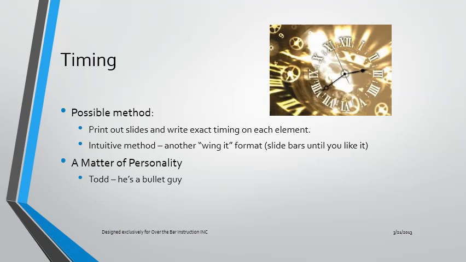Todd's the bullet guy, remember. He thinks in concepts and broad strokes. I, on the other hand, get bogged down in minute details and need to type out every word or bold print or all caps, whatever I want to emphasize. You get to decide for yourself what works best. Figure out how you speak most fluently and avoid the most fillers, and work with that method.